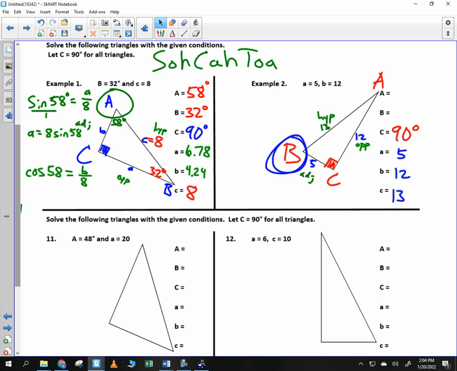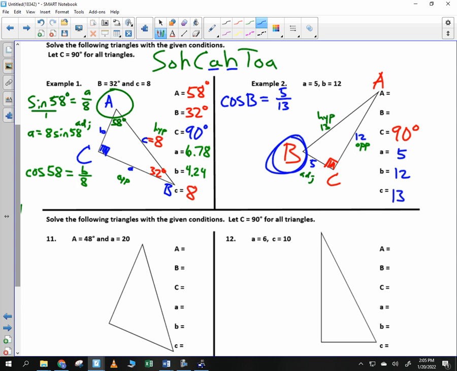Marissa, would you like to use sine, cosine, or tangent? It's up to you. She wants to use cosine. The cosine of angle B is equal to the adjacent divided by the hypotenuse. The adjacent is 5. The hypotenuse is 13.